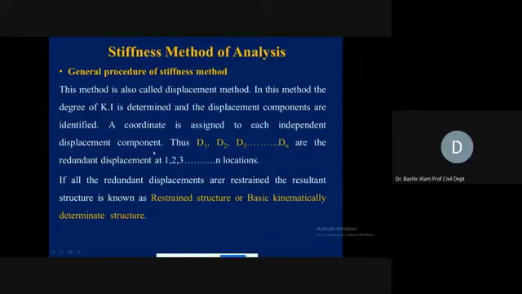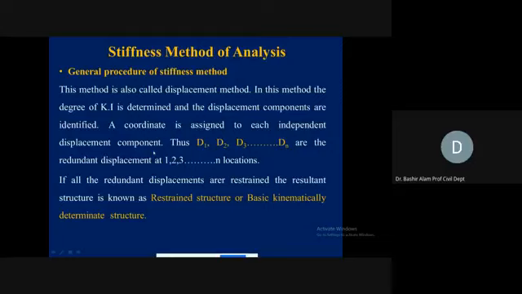Now, if you look at the terminology in the flexibility method, this structure used to be a released structure. We were releasing the redundant actions, which were the reason or cause for making the structure statically indeterminate. So we were releasing those redundants in order to make it a statically determinate structure.